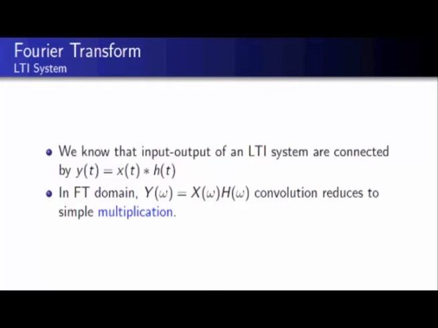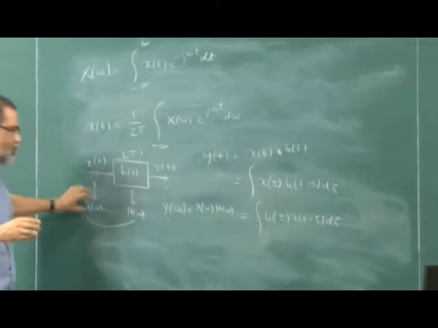And so Y of omega is X of omega times H of omega. So convolution becomes an extremely simple operation of multiplication, and so we are happy. That's one reason why we go into the frequency domain, because the time domain is complex. Okay, so we have two domains then. This I call the time domain, this I call the frequency domain.